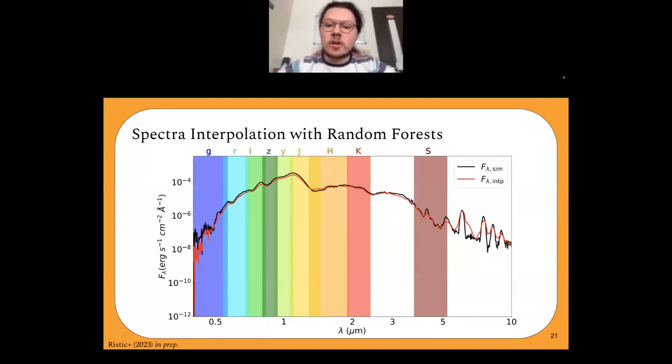The overall large scale features are extremely well fit, and indeed here past 5 microns we're able to recover even these more exaggerated features in the spectrum. These may or may not necessarily be real, but it's cool to see that we're actually able to match those to at least some degree of accuracy.